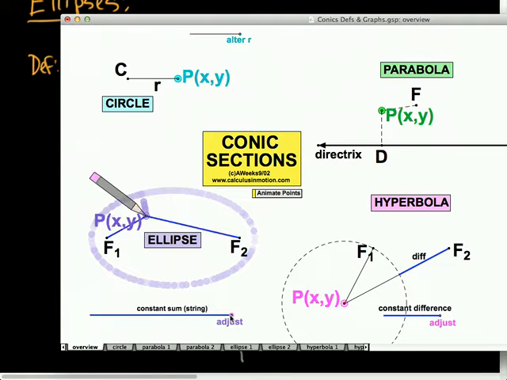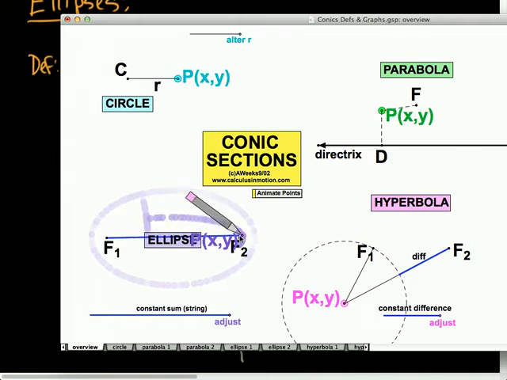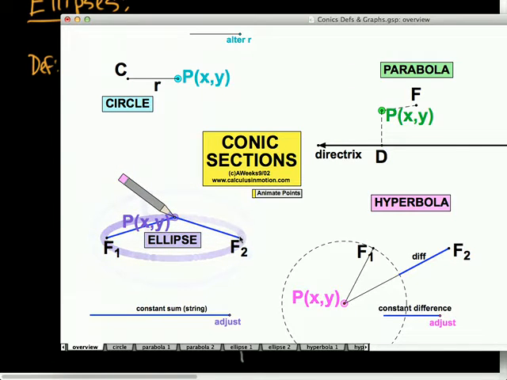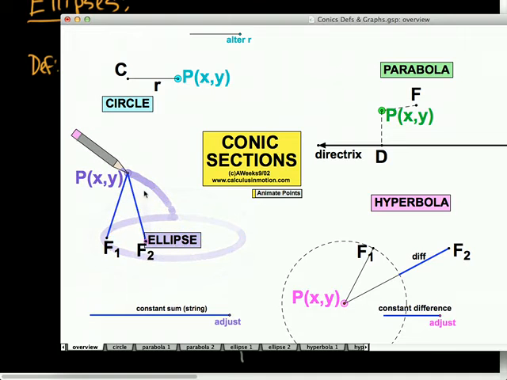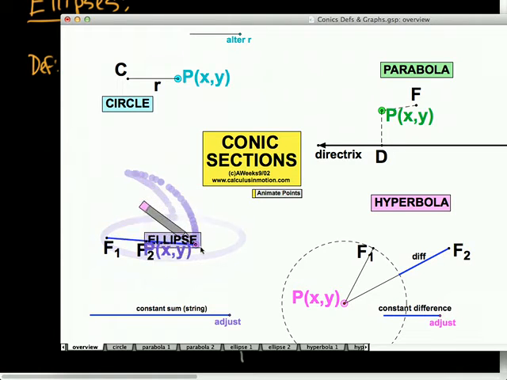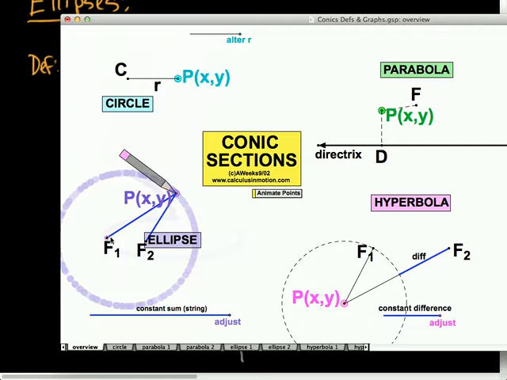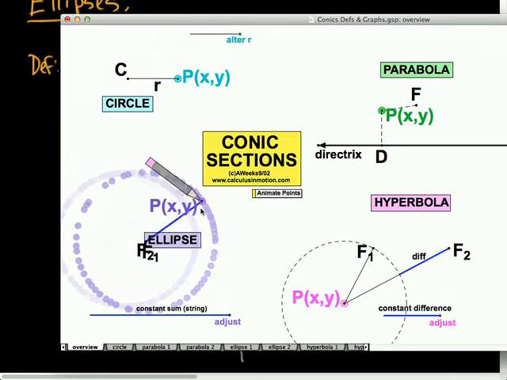If I shorten the length, the foci would be really close to the edges. If I drag the foci closer together, it becomes more of a circular shape, so it's less apparent that it's been stretched out in one direction. And if the foci are exactly the same, then it'll be a true circle. You can think of a circle as two foci that are identical.